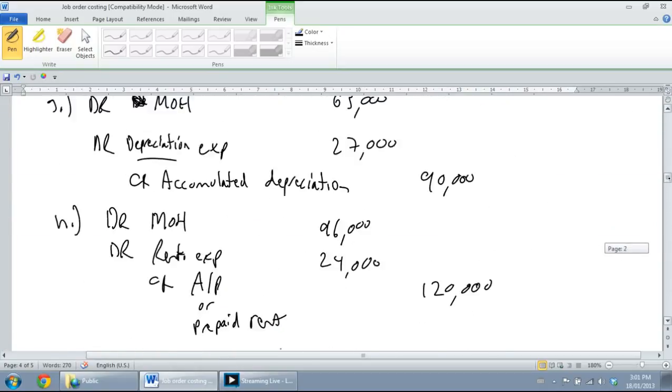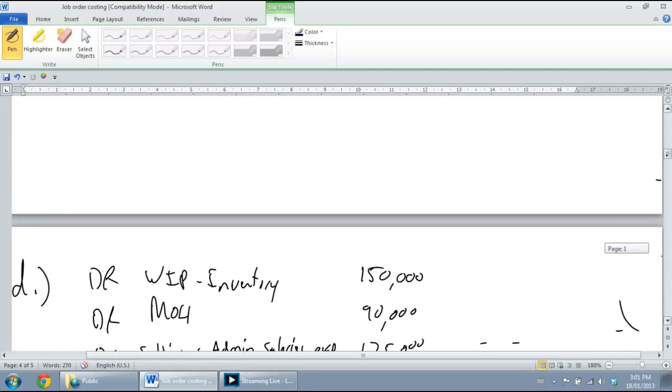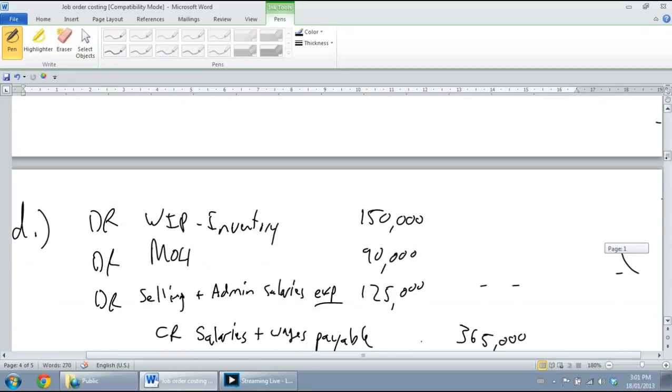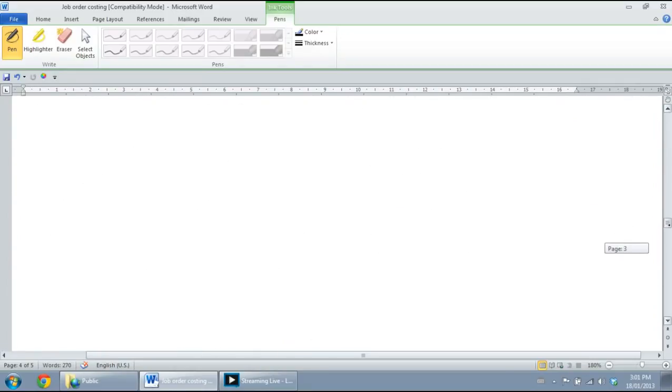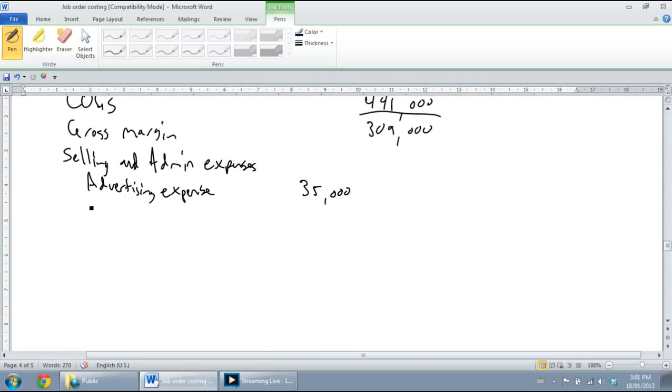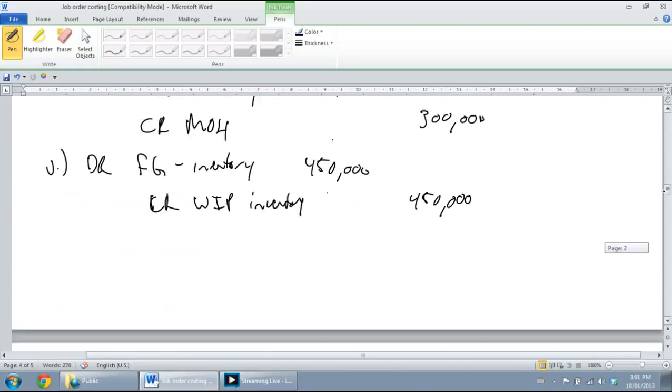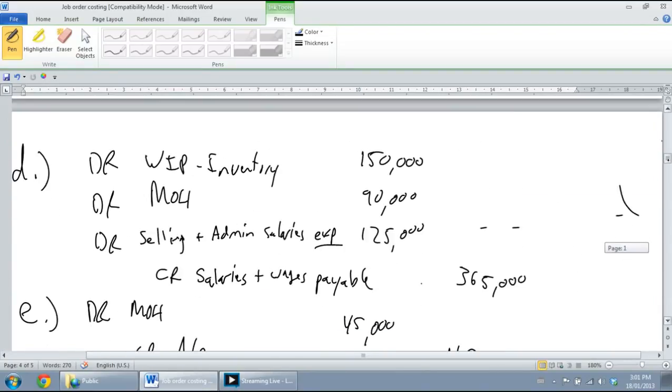Next up on our list is selling and admin salaries expense, $125. Okay, next on our list, let's see. So we're up to selling and admin salaries expense.